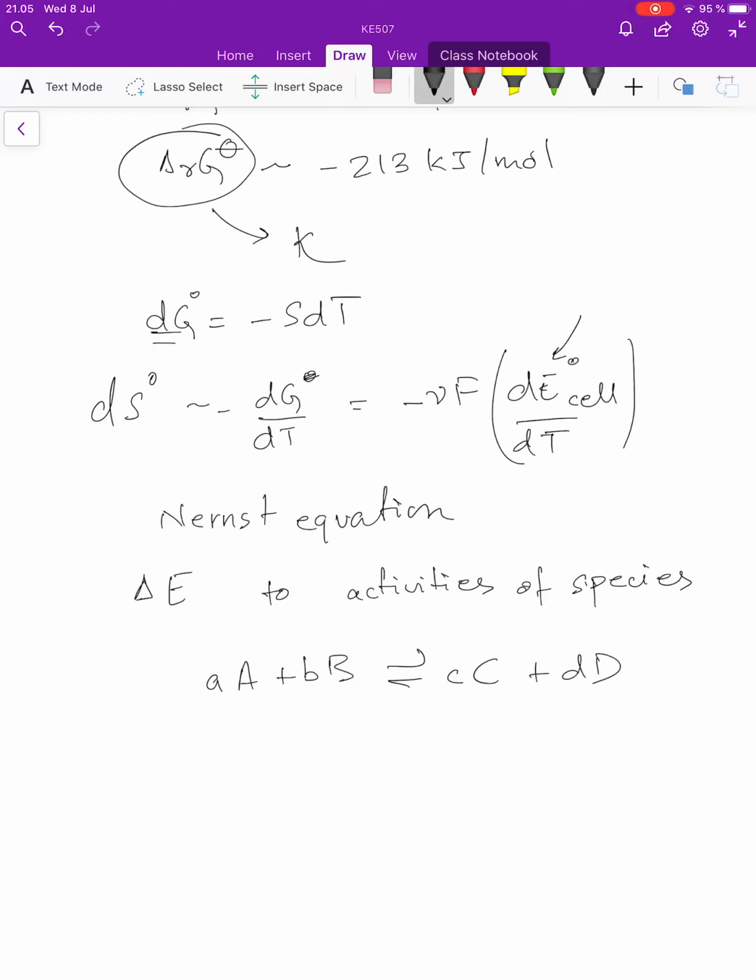So assuming that this is a redox reaction, you can write, even if it is not a redox reaction, you can still write that the reaction Gibbs free energy will be equal to the standard reaction Gibbs free energy plus RT log of the reaction quotient, which is given by the activity of C to the power of c multiplied by the activity of D to the power of d divided by the activities of the reactants.